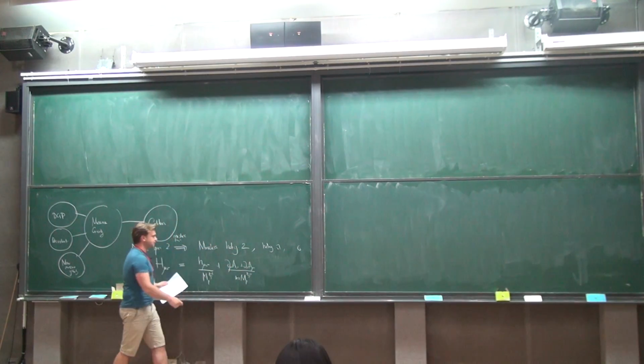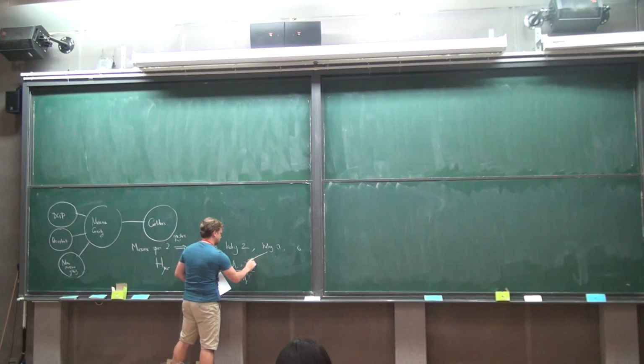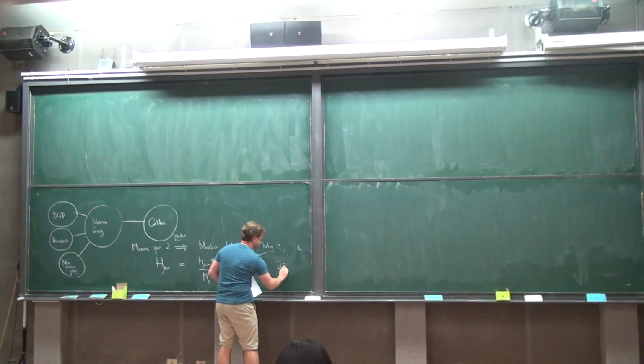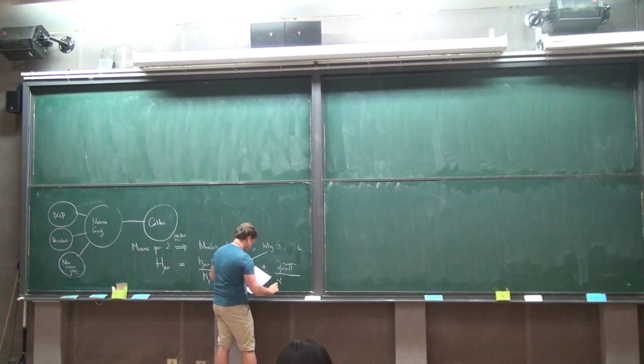These being vectors, they're the helicity 1, helicity 2, helicity 1, and finally a scalar piece, which is the Galilean cloud.